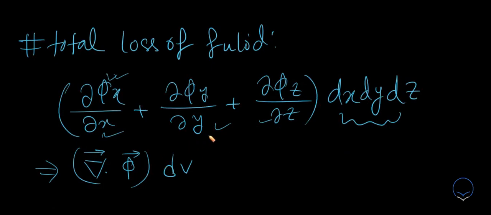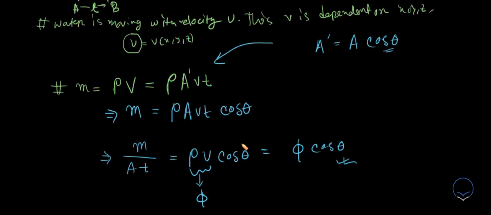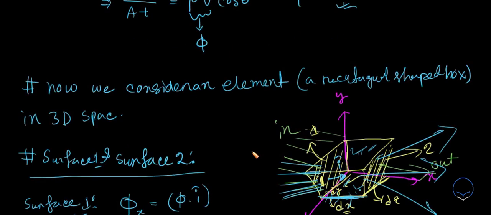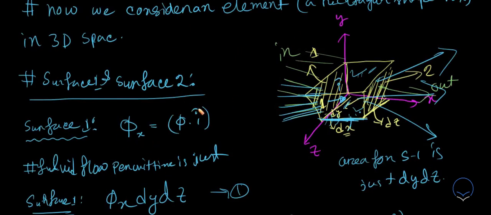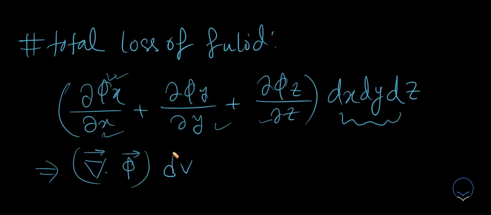What justifies doing that? Because if you recall, we denoted our phi with rho v, but v itself is a vector field because it's a velocity field, and we also used that concept over here where we took the components of this phi field. So this divergence and this infinitesimal volume, when multiplied together, give us the total loss of fluid.